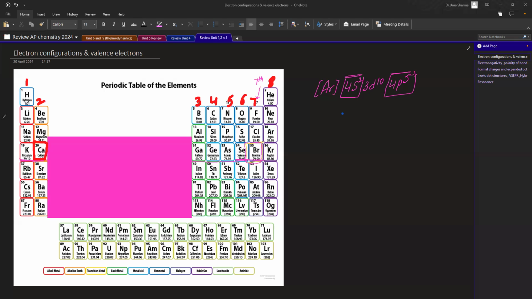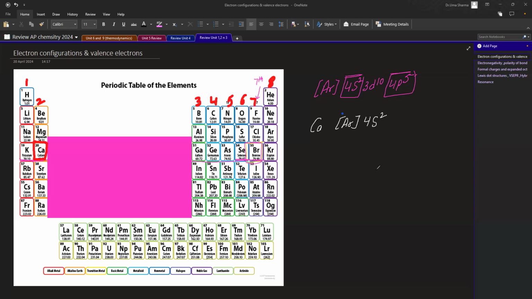Okay, we are doing for calcium. Calcium is argon 4s2. So how many valence electrons are there?